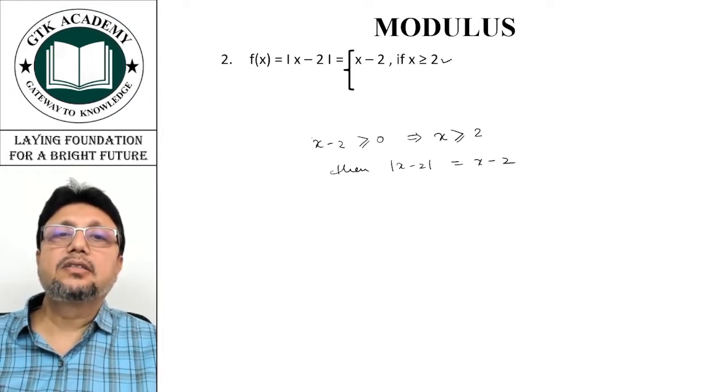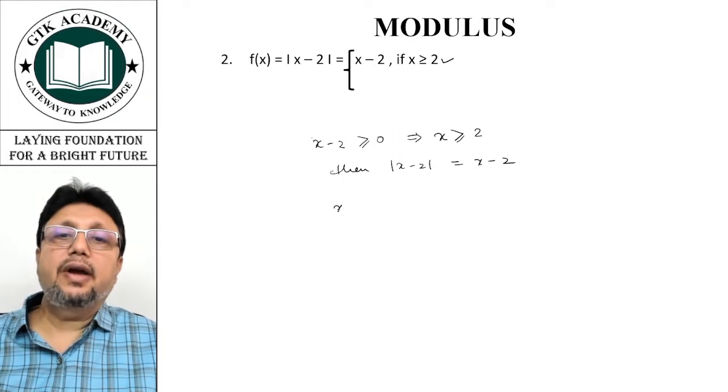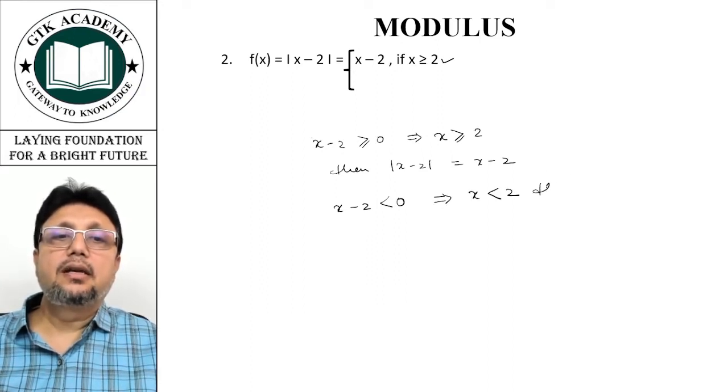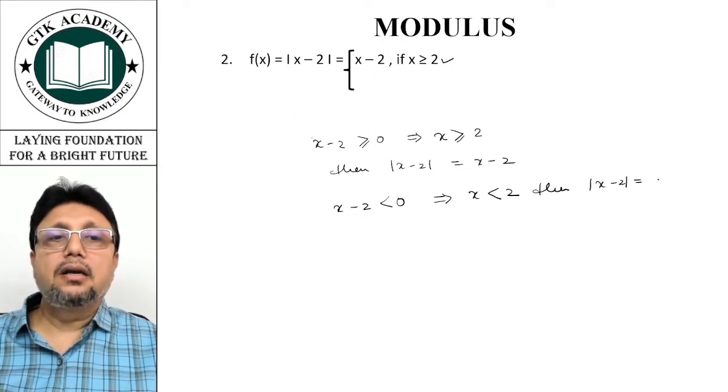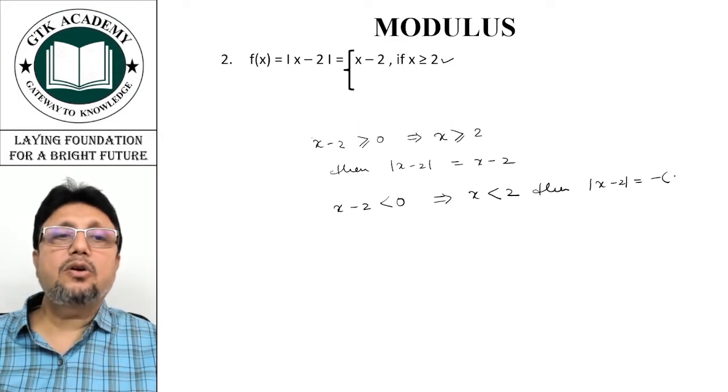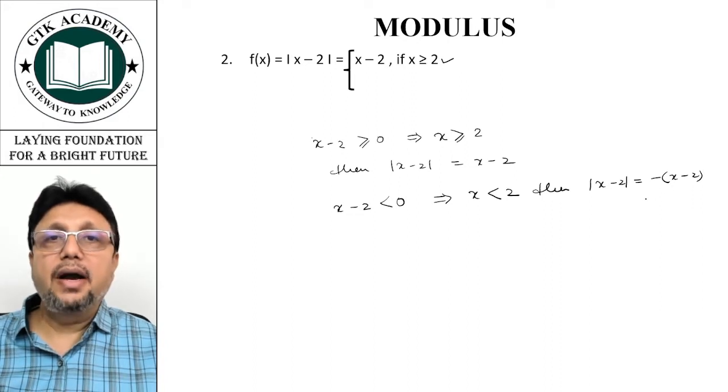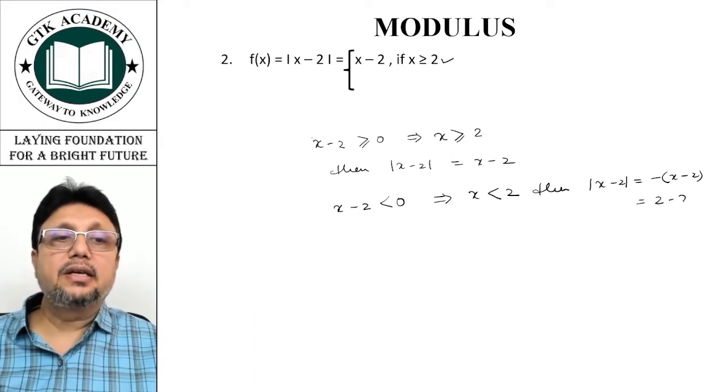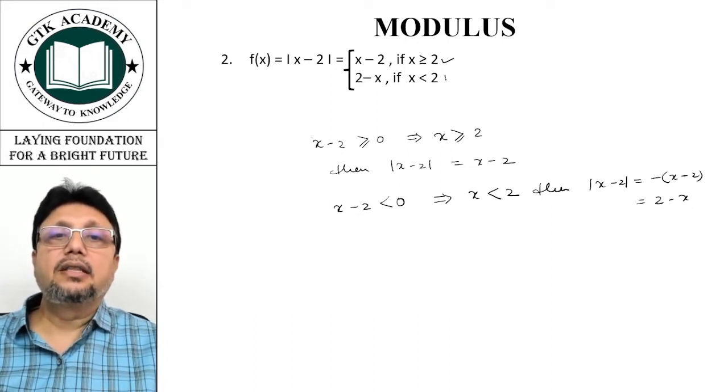So we'll write it like this. But if x minus 2 is negative, that means x is less than 2, then mod x minus 2 will be written as minus of x minus 2, because we have to multiply it by minus. It will be 2 minus x, like this.